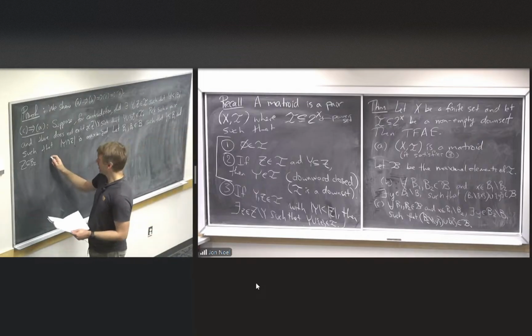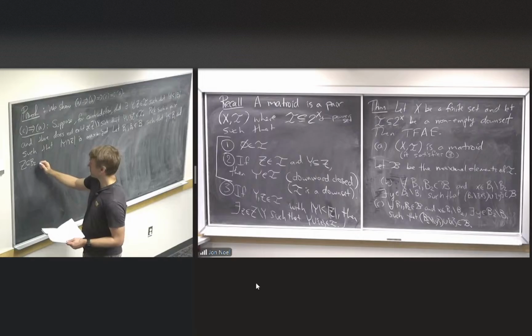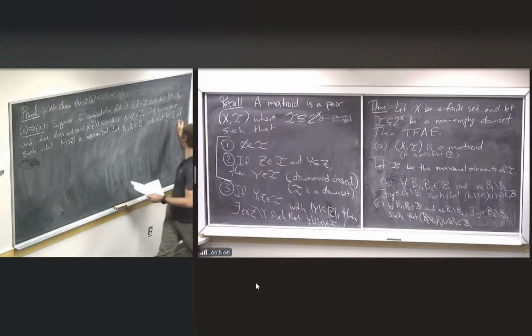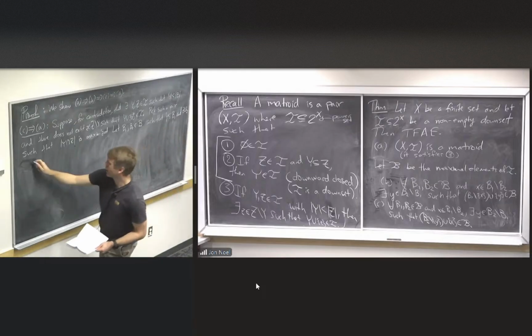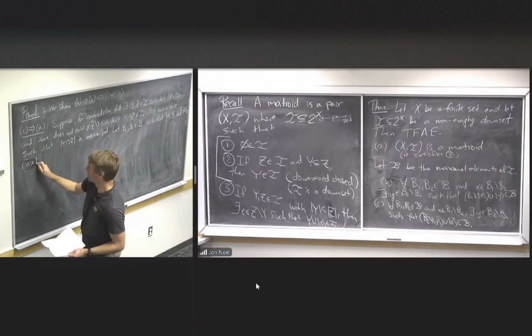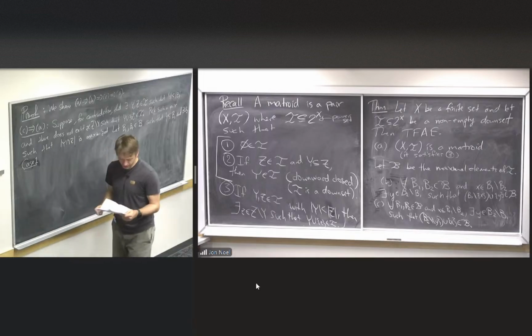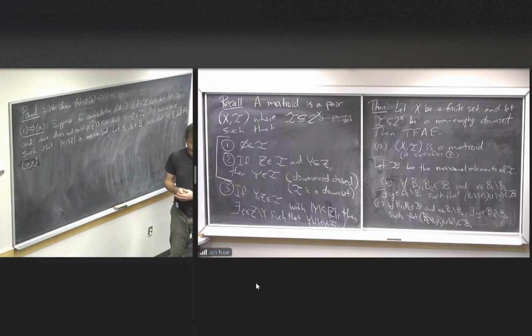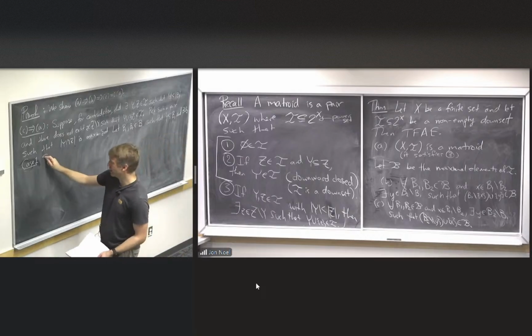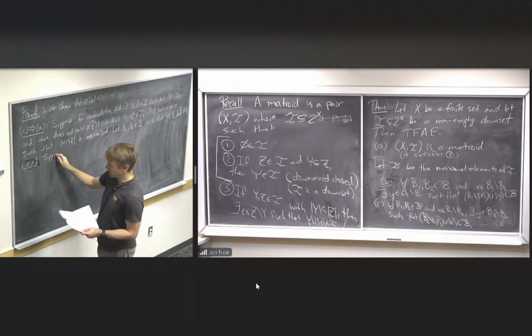I'm going to divide this into cases, although case one's going to be really easy. But we have to consider it. It could happen. So suppose, what would happen if Y is a subset of B2?